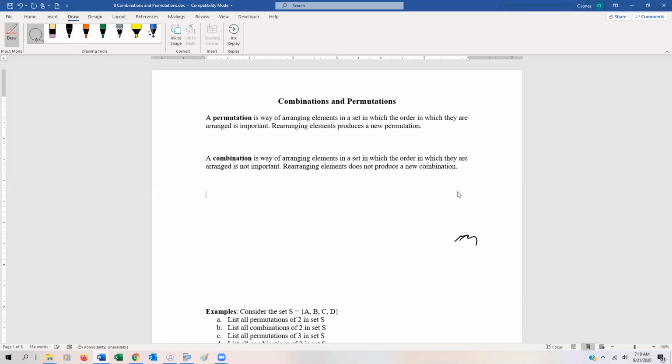Now an example of a combination. Let's say these three folks are again on a committee, but it doesn't matter what their positions are. In other words, there's no president or anything. There's just person one, person two, and person three on the committee.